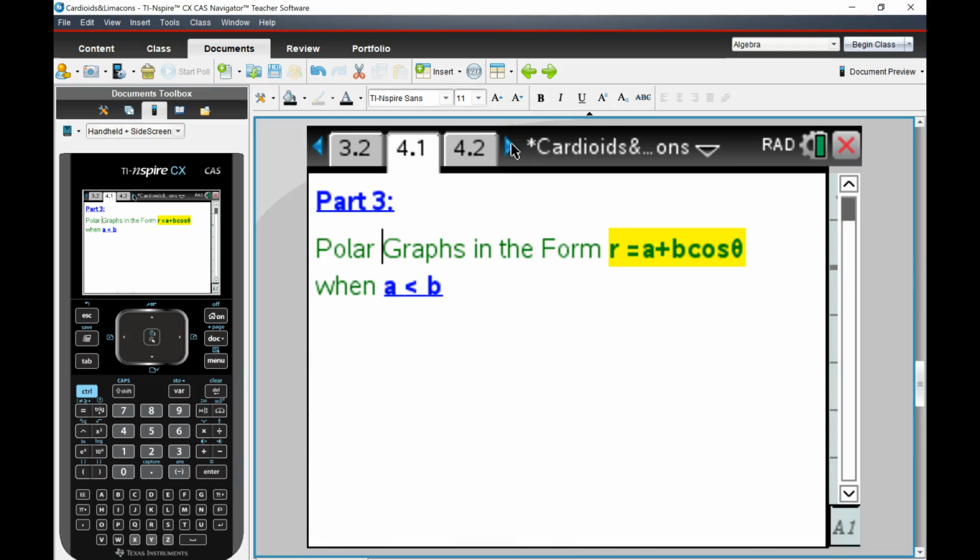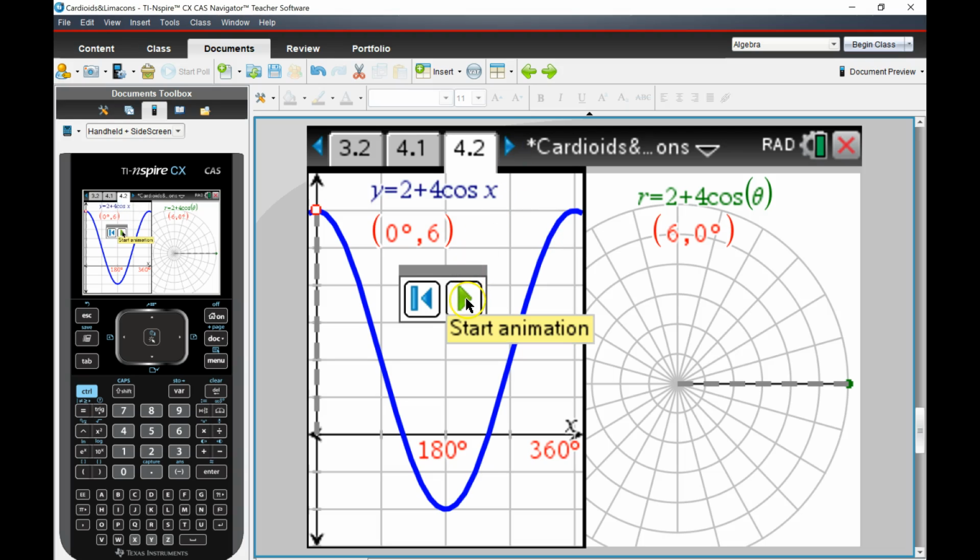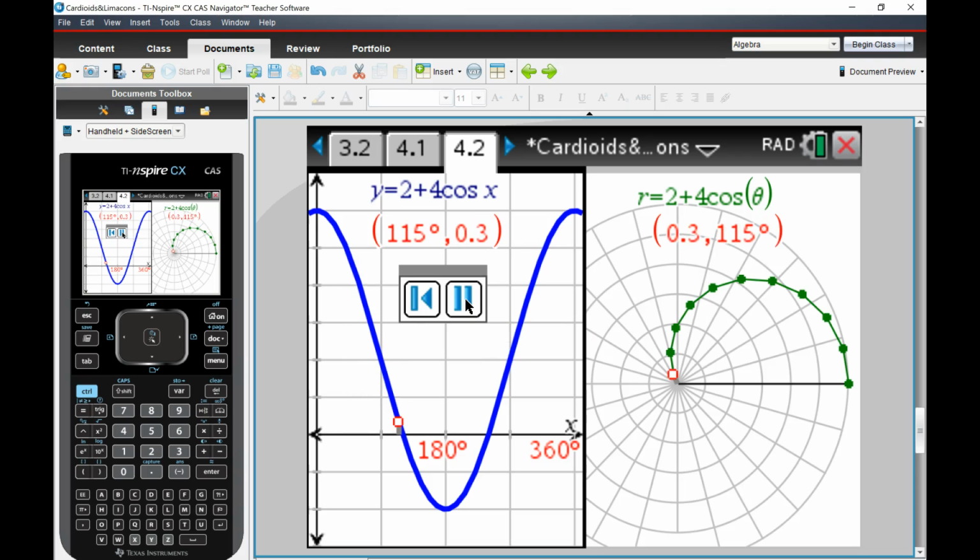So I want to do A is less than B, 2 plus 4 cosine x. Okay, so look. We start, it's getting smaller, smaller, smaller, smaller. Here, look, the radius is 0, right? Now, the radius is going to be negative, so that means when my angle is here, the radius is negative, so it's inside, okay?